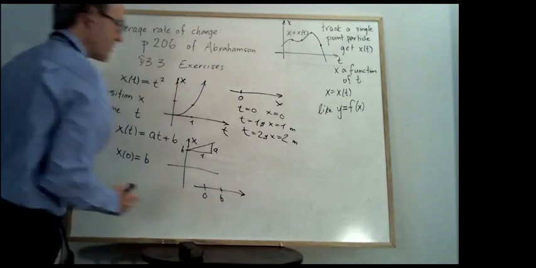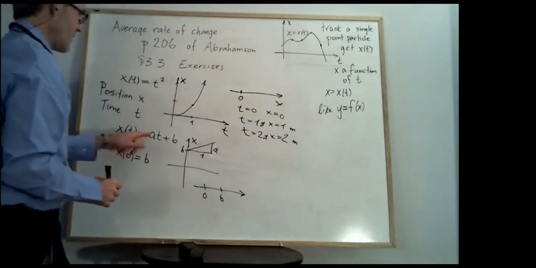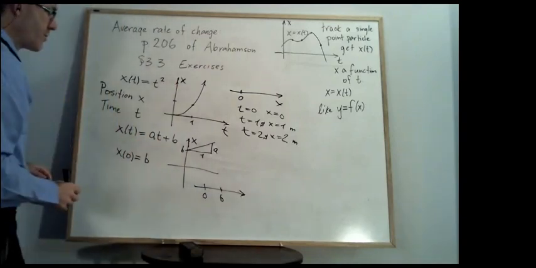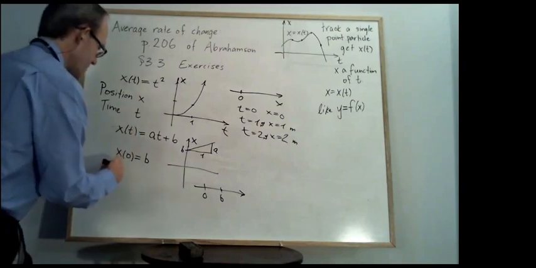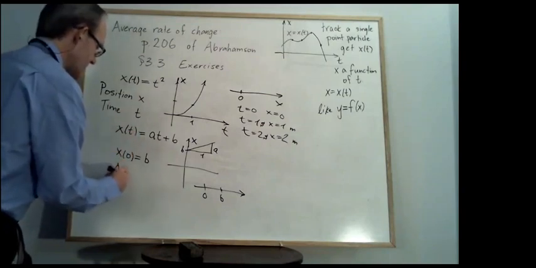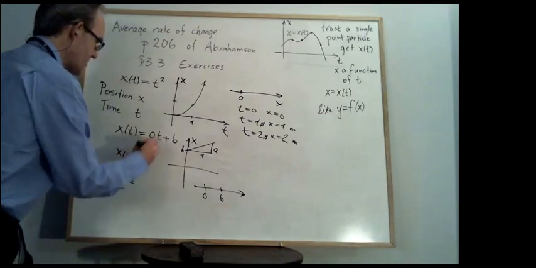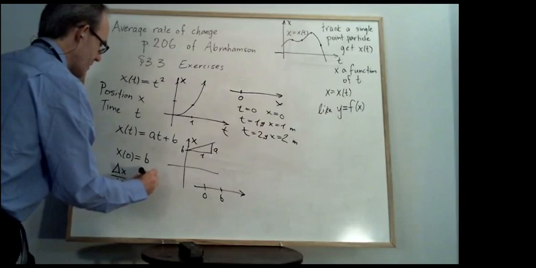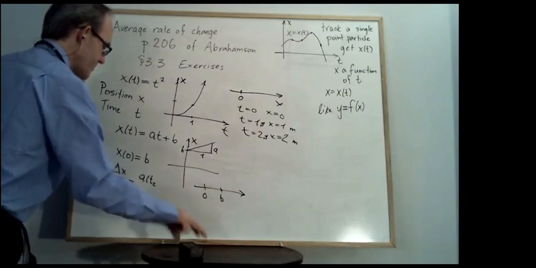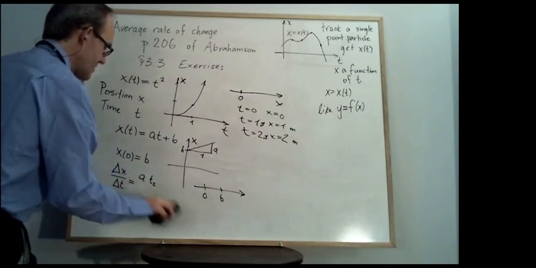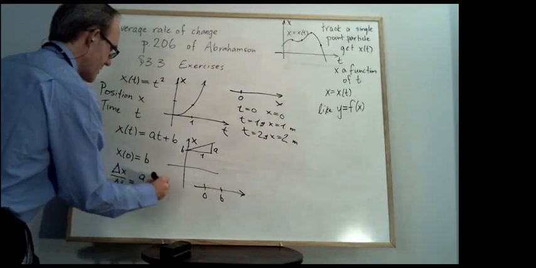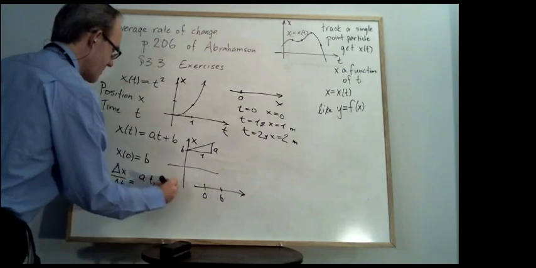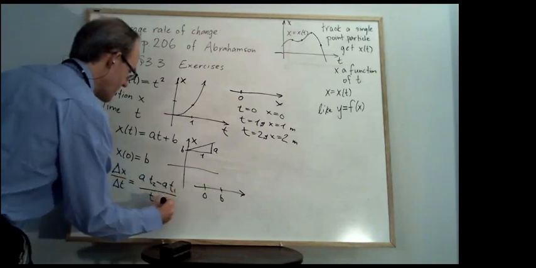And A will be the rate of change of position with respect to time. So it's simply A times t2 minus A times t1 over t2 minus t1.